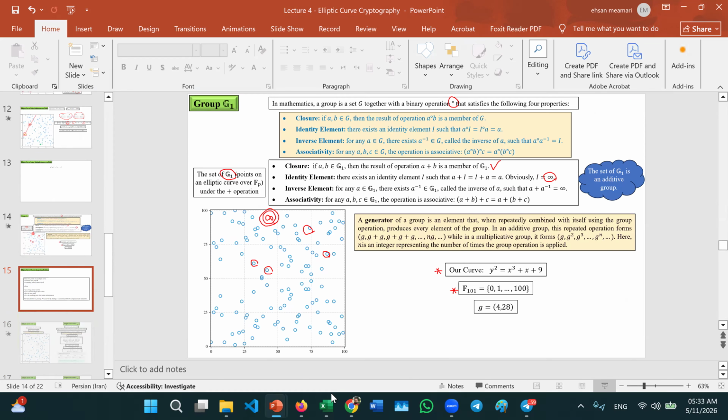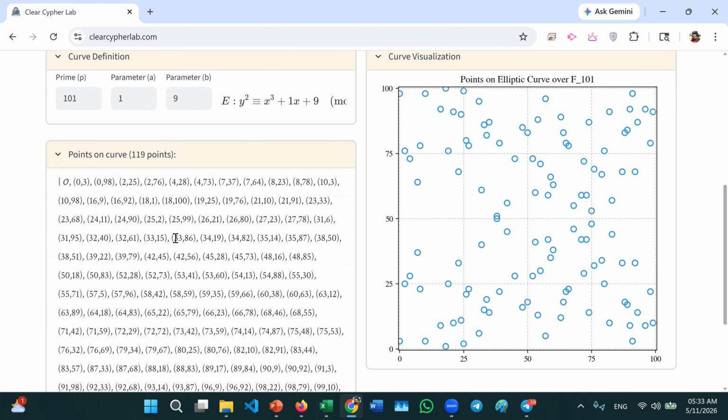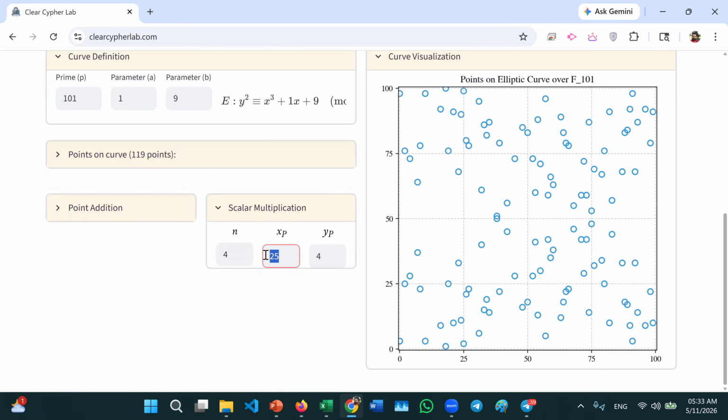Okay, so let's discuss in the website. This means that in our website, let's say the value of P equals (4, 28), or maybe a different value like (25, 3). No, this is 4. Let me find another one. (33, 86).